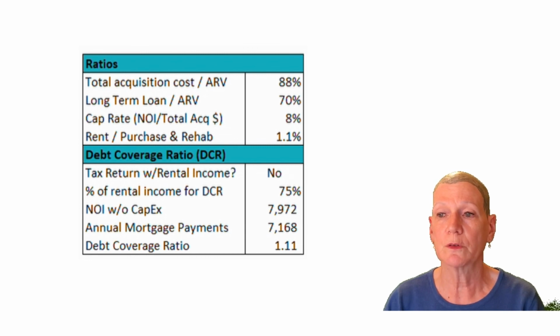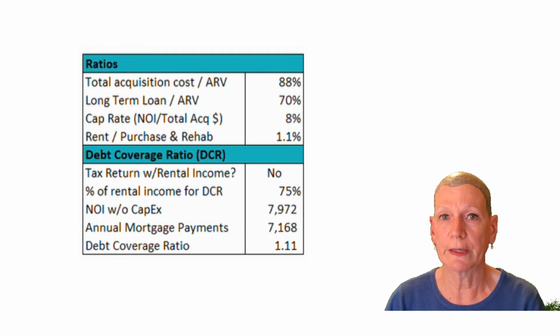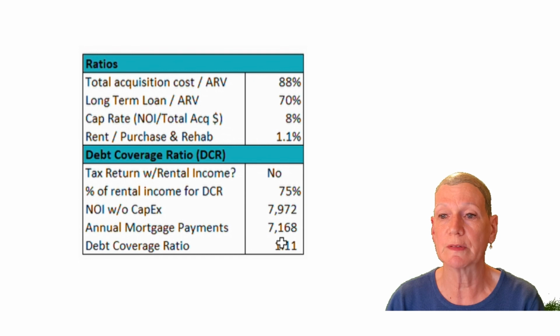This formula assumes that lower number is going to be 75%. If you know that you won't be able to show rental income and your lender has a different number, then you can just fill that in here. But in this case, by having to drop it to 75%, now we have much lower amount of net operating income to cover the total amount of the annual mortgage payments. So you can see that our debt coverage ratio is only 1.1.